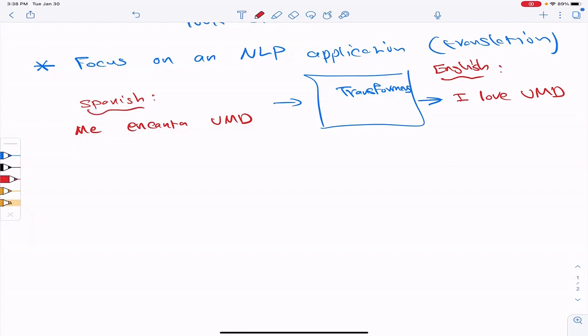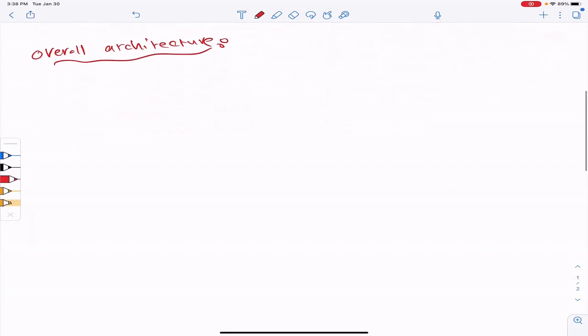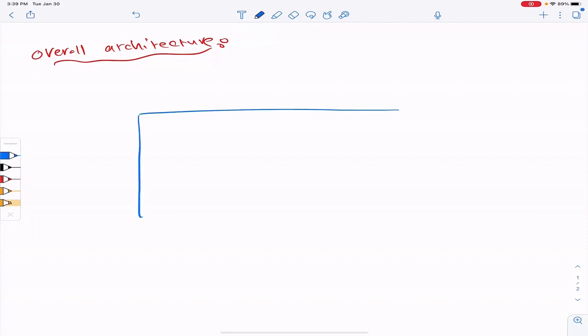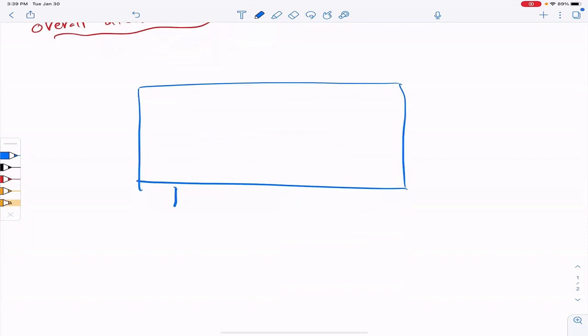All right. So what is the overall architecture? The overall architecture is an encoder-decoder architecture. So you get an input. And so here's my overall architecture. As your input, you get your original text, original sentence, me encanta UMD.